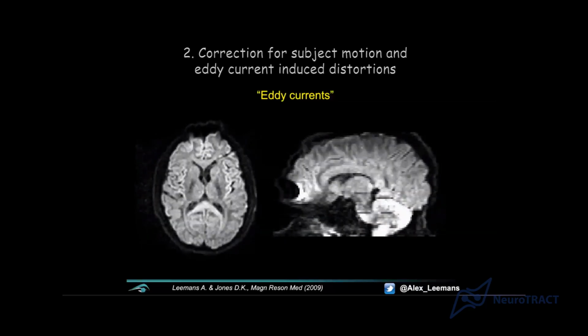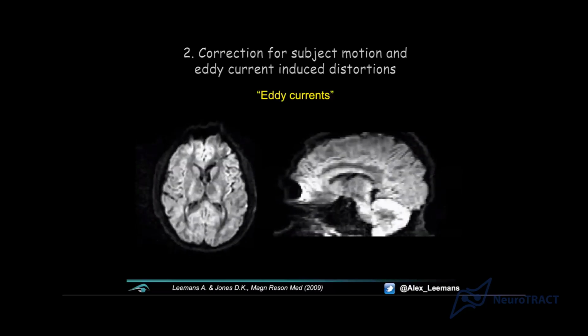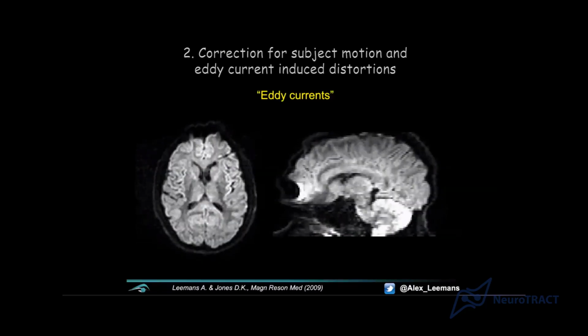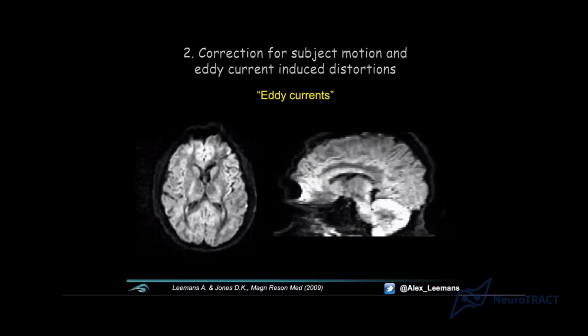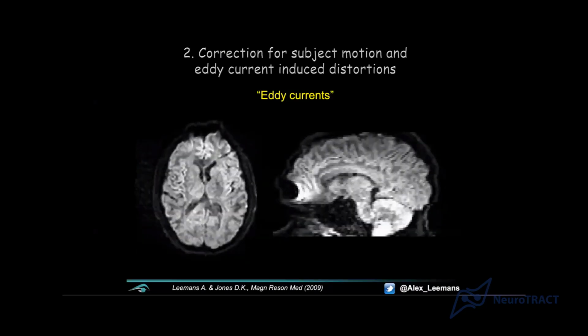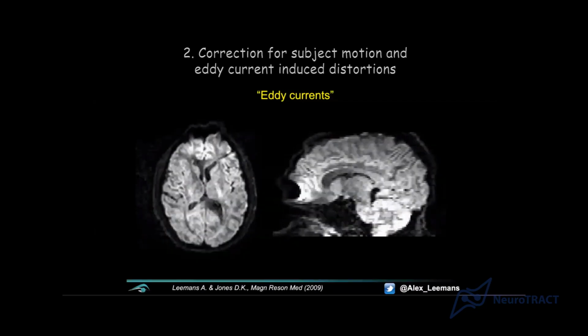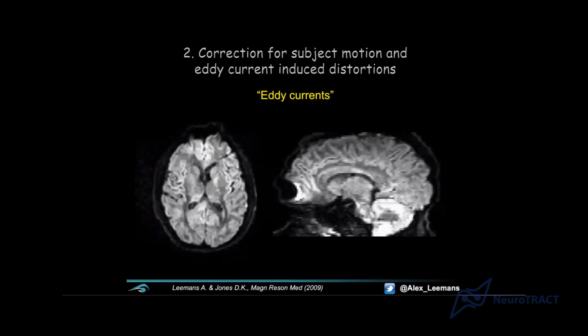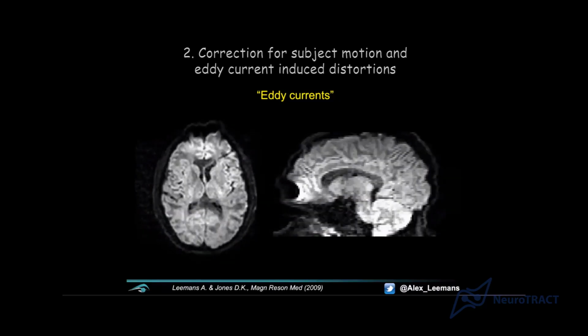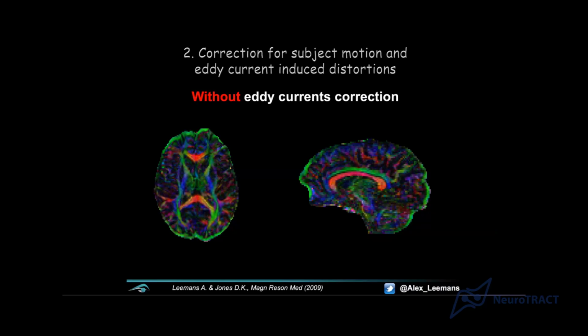The good news is, it's not your brain which is being stretched and skewed in the scanner. It's still safe. It's the data reconstruction part, so don't worry about that aspect. If you don't correct for these eddy currents, you'll notice a bright rim, and that's kind of a telltale sign. It's not just the edge, it's also in the middle of the brain, but it's not that apparent looking at it like this.